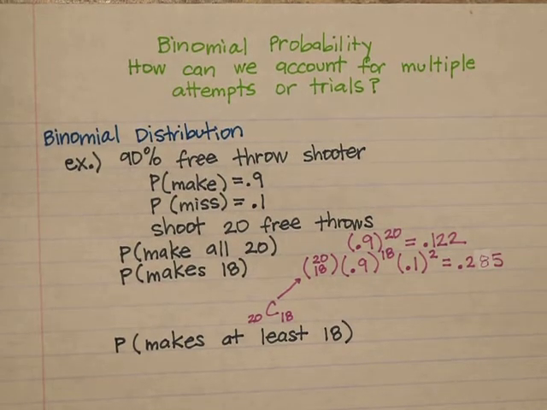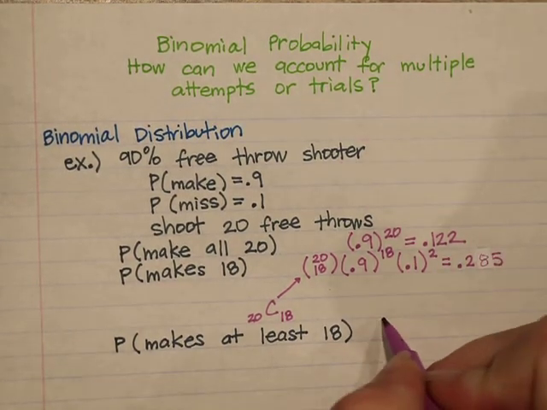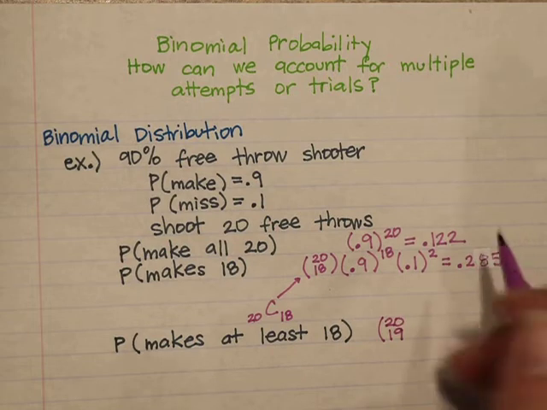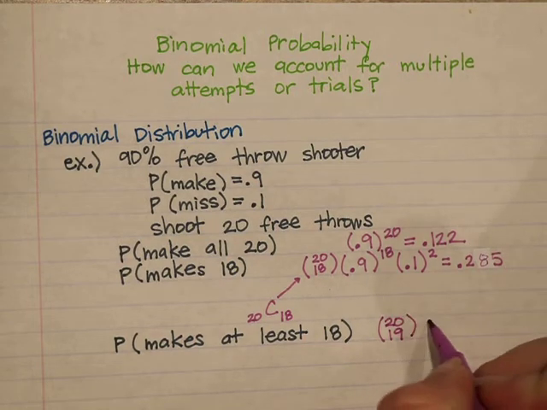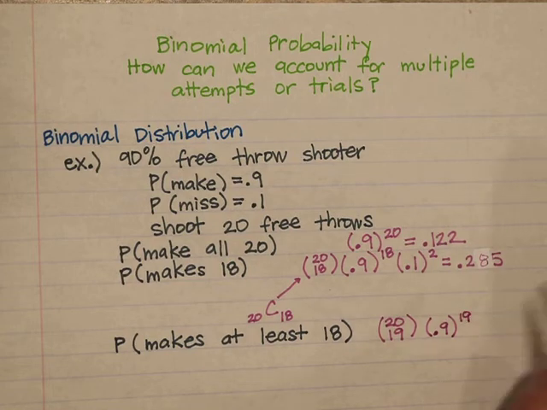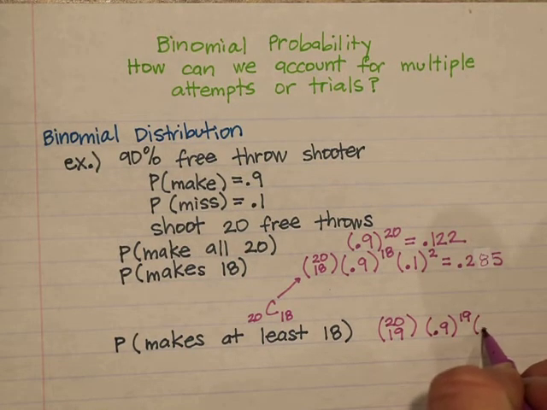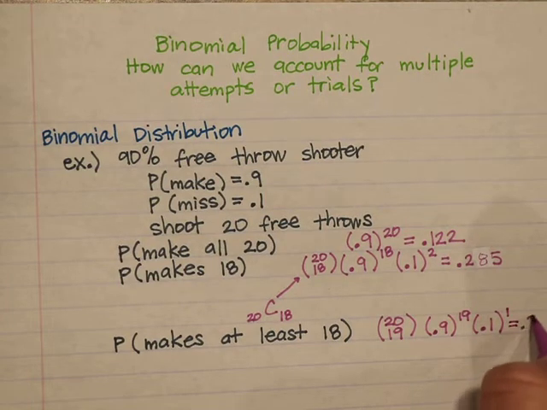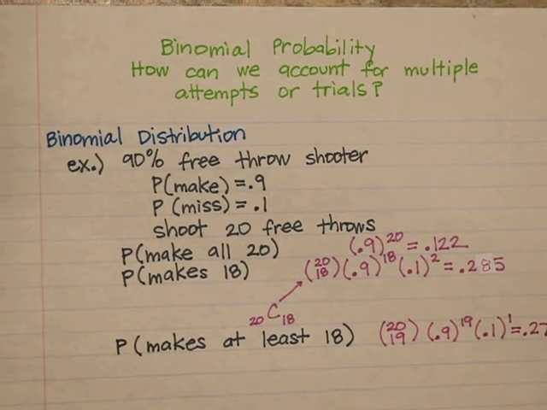So the one I don't know so far is the 19. So I'm going to set it up. He's shooting 20 times. I want 19 possible outcomes that he makes. He's a 90% free throw shooter, and he's going to make 19 of them. On the other one, he's going to miss. There's where our 0.27 should have gone.